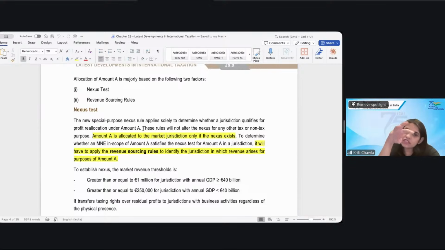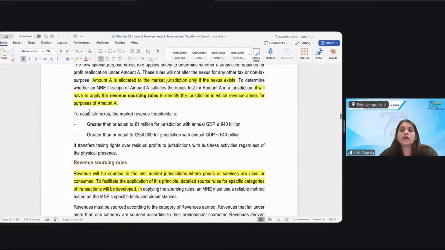To make sure whether nexus exists or not, we have to apply the revenue sourcing rules, and that will identify the jurisdiction in which revenue arises for Amount A purposes. Now, to establish nexus, the market revenue threshold is greater than or equal to 1 million euros for jurisdictions with annual GDP of greater than 40 billion euros, or greater than or equal to 250,000 euros for jurisdictions with annual GDP less than 40 billion euros.